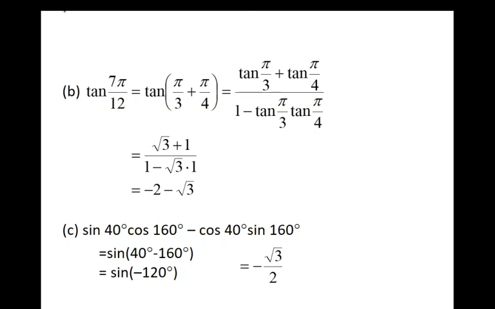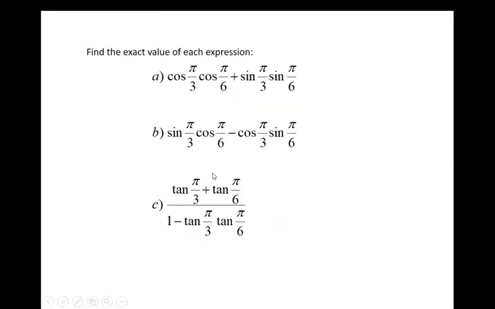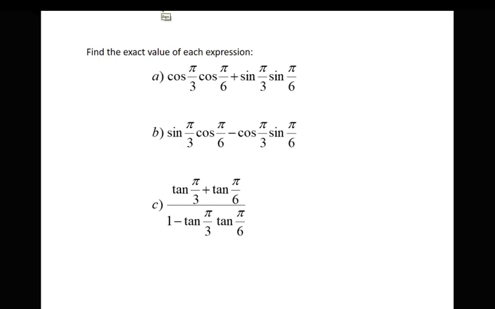Okay. Now, here's some more examples. And this is working it backwards using radians. So basically, for this one, if you look at the equation for part A, that is your cosine equation. Since it has cosine times cosine and sine times sine, you're going to look at the cosine equation.